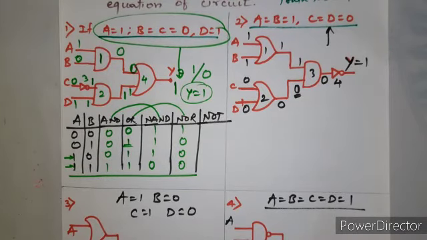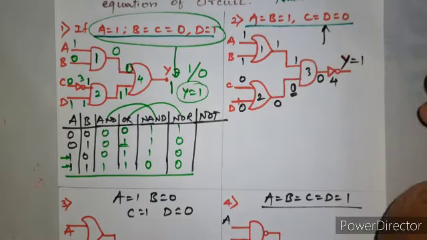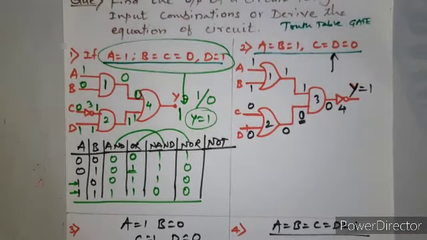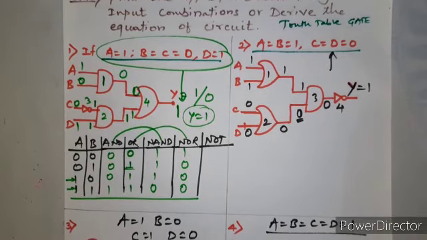Just try out yourself, if we provide this kind of input to this gate, what should be the output, right? Just go on trying these combinations. Okay, all right, so this is all about this lecture. If you refer to the question paper, you may have this type of questions for 2 marks.